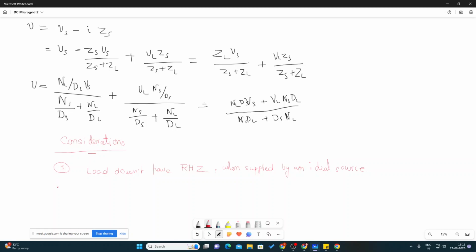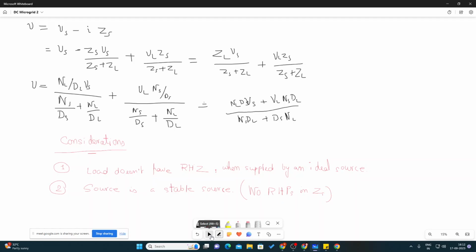The second criterion consideration that we will make is that the source is a stable source, meaning there will be no right half poles in ZS.